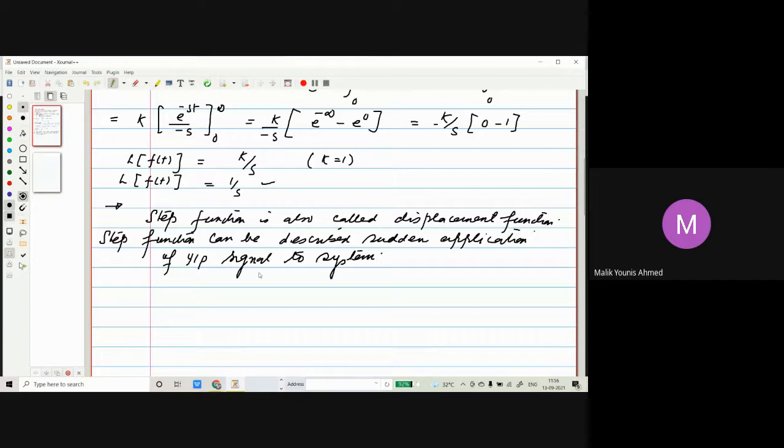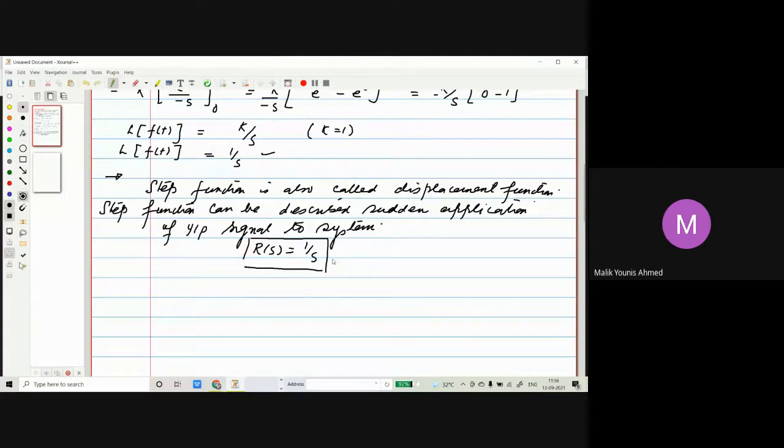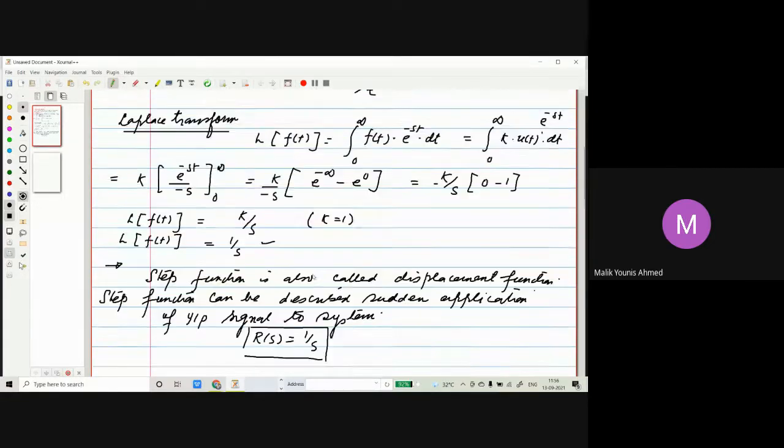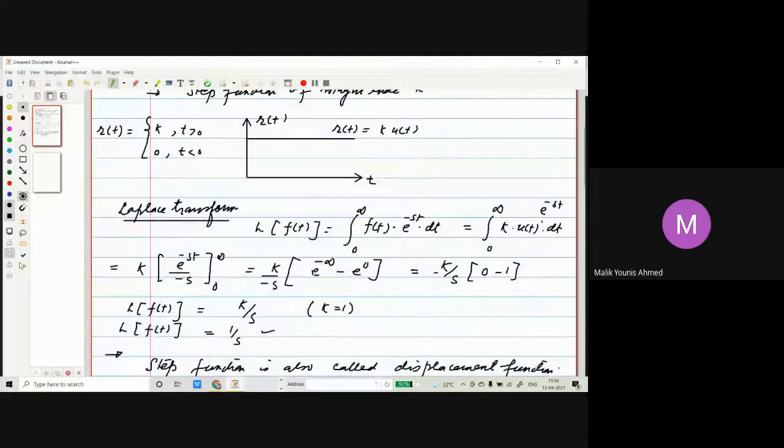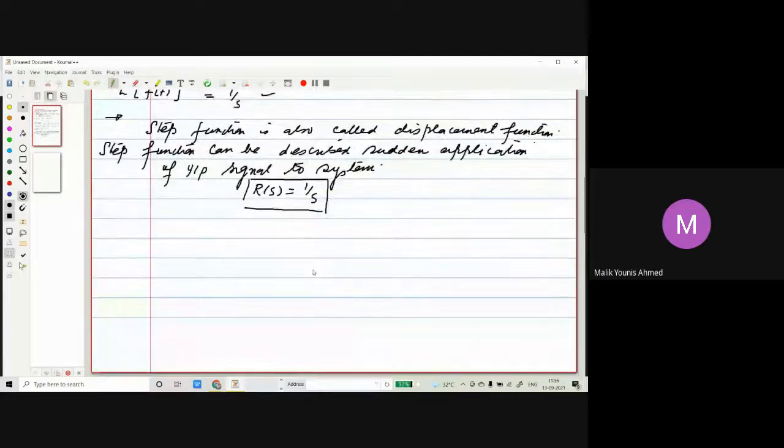So we can write R of s is 1 by s. So if we require a test signal, where we have to apply a certain input, then step is the best signal for that one. So this is number one.